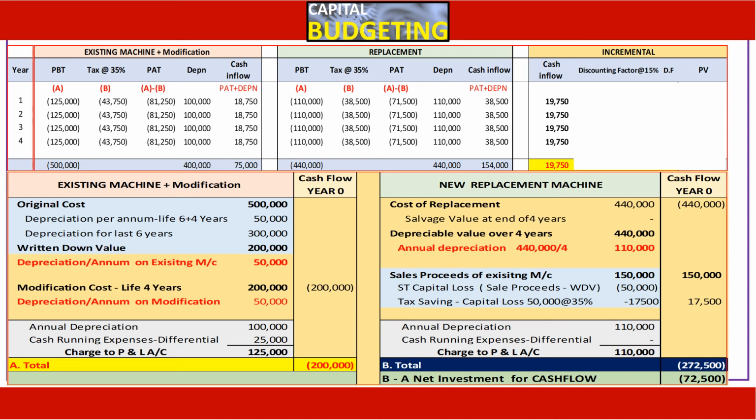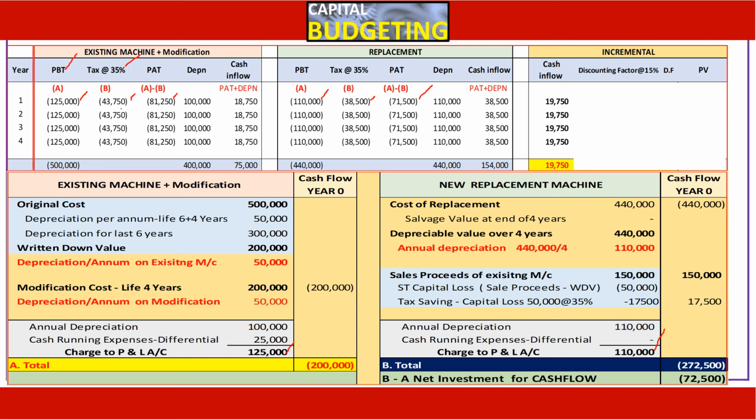Then, taking these workings, we can see under PBT, 1,25,000 is the debit. In case of replacement, 1,10,000 is the debit. And tax at the rate of 35% saved, 43,750 and 38,500. PAT is 1,25,000 minus 43,750, 81,250, and here it is 71,500.